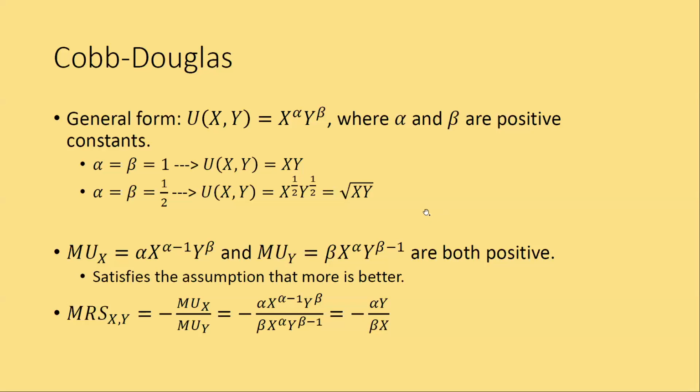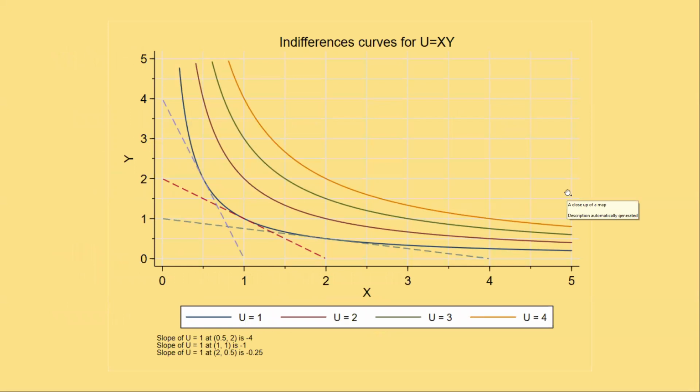In the next slide, I'm going to show you the indifference curves of Cobb-Douglas utility functions. It is not easy to draw precisely by hand, so I drew it on a computer and took a screenshot of it. Here we are looking at the indifference curves for the utility function u equals x times y.